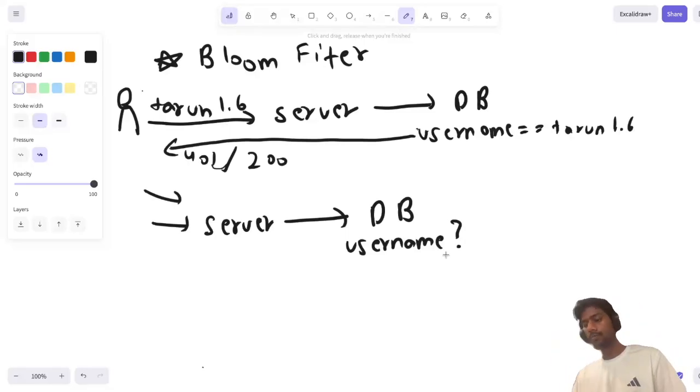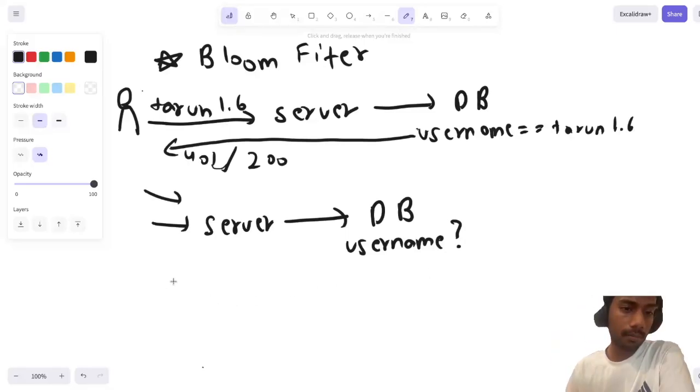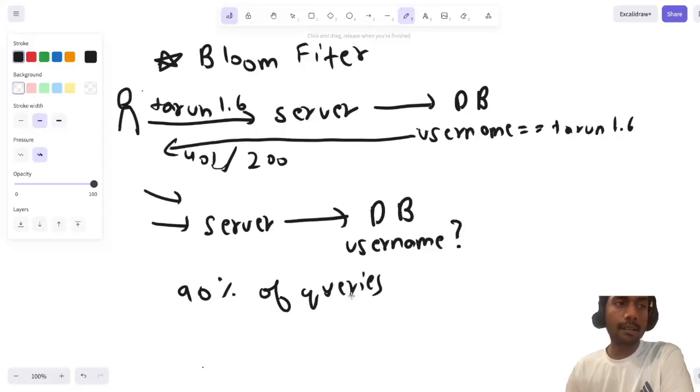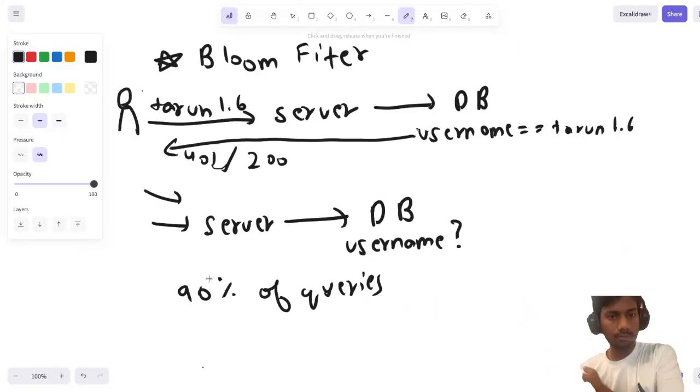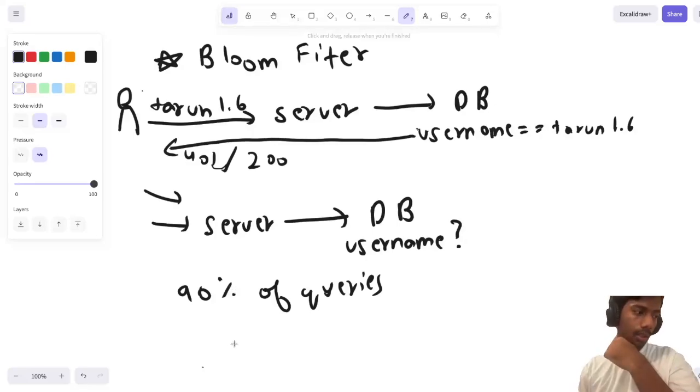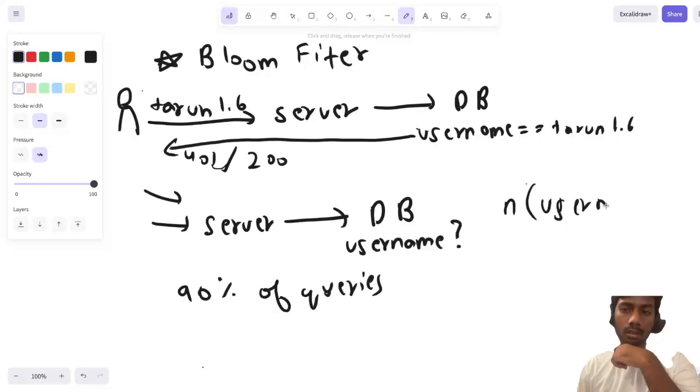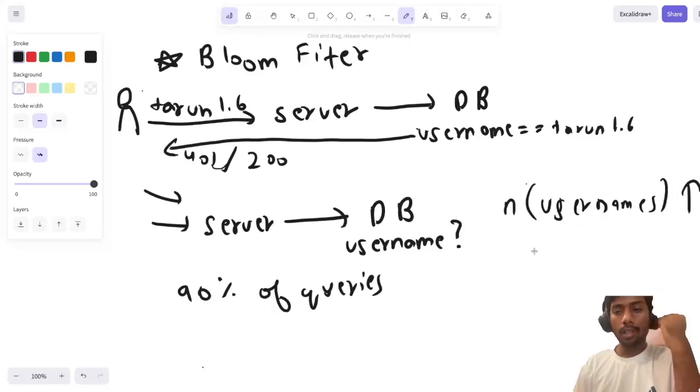But approximately 90% of queries are such that the username does not exist in the database already. And not to mention that if the number of usernames keep increasing, the O of n lookup will keep taking more time.